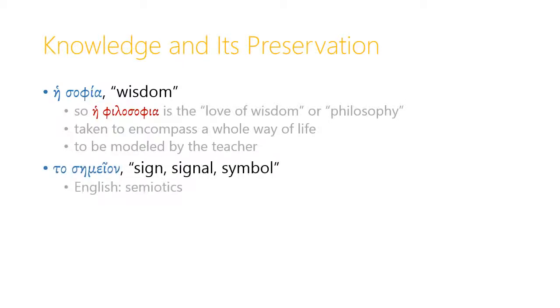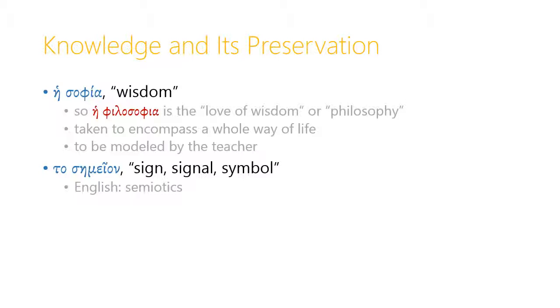A slightly different word here, but a useful one nonetheless, is ta semeion, which means a sign, a signal, or a symbol. And if you've ever heard in linguistics maybe of the discipline of semiotics, that comes from this noun, ta semeion.